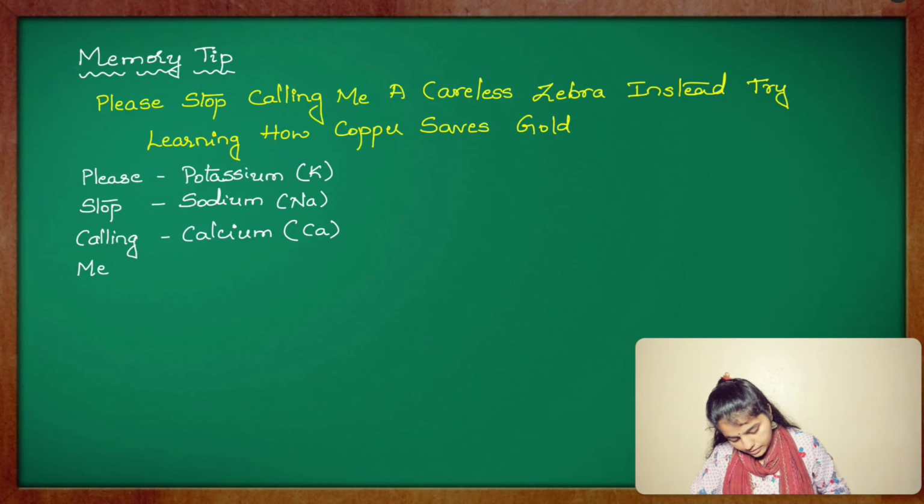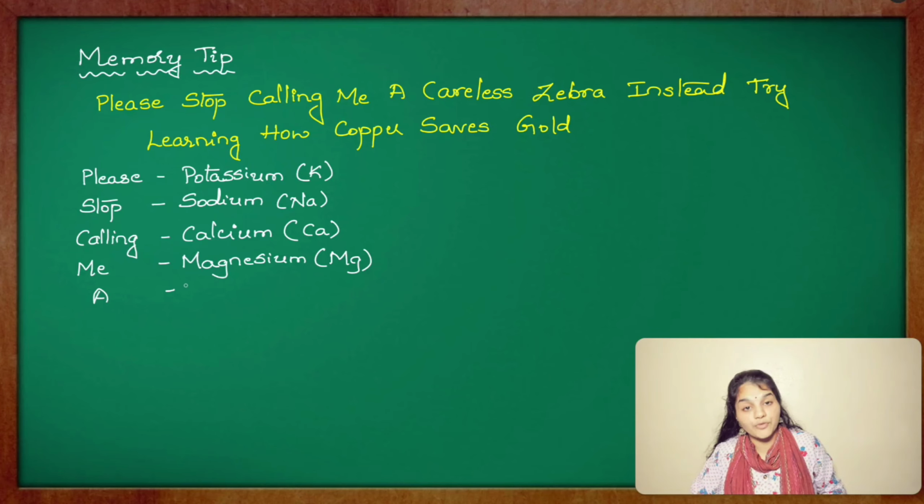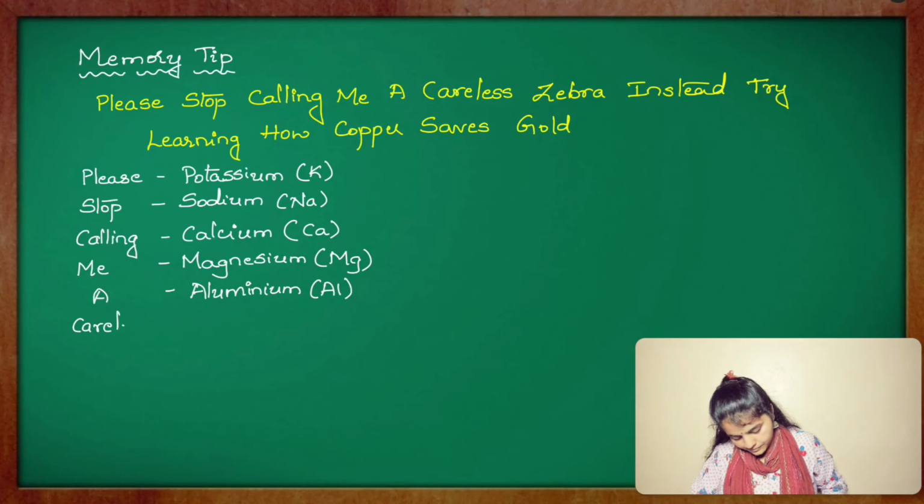Me is used to remember magnesium. Symbol is Mg. A is for aluminium. Symbol is Al. Careless represents carbon. Symbol is C. Zebra represents zinc.